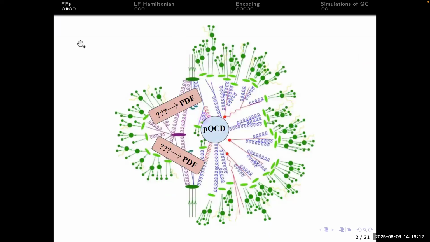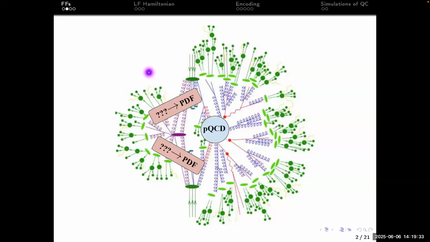One is perturbative QCD, which is the hard scale, which we can apply factorization to and separate it from the long distance physics that are encoded, for example, in PDFs, parton distribution functions, that tell us how the partons are distributed inside the hadrons that collide.